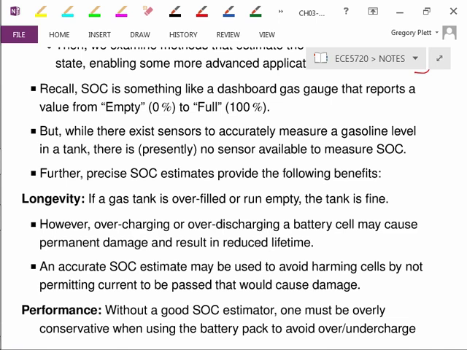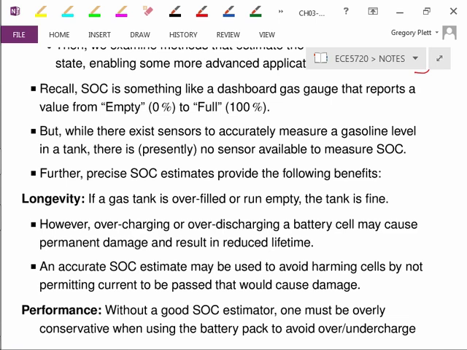It just doesn't make sense. You introduce errors when you're estimating things that you don't have to introduce if you can measure them and know them directly. So for the time being in history, and as far as I can see for the foreseeable future, there's not going to be any sensor implanted in a battery cell that will be able to measure the state of charge directly, certainly not in battery cells that are production ready. Maybe there's some lab devices out there, but nothing that's ready to go to full scale and go into production.